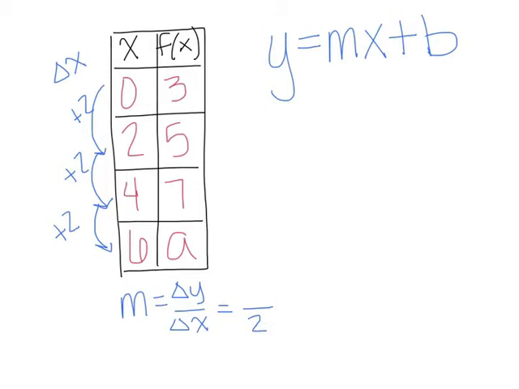So now let's look at our change in y. To go from 3 to 5, we're adding 2, sounding familiar. From 5 to 7, we're adding 2. So let's just check. 3 plus 2 is 5. 5 plus 2 is 7. So what is 7 plus 2? Well, that would be 9.